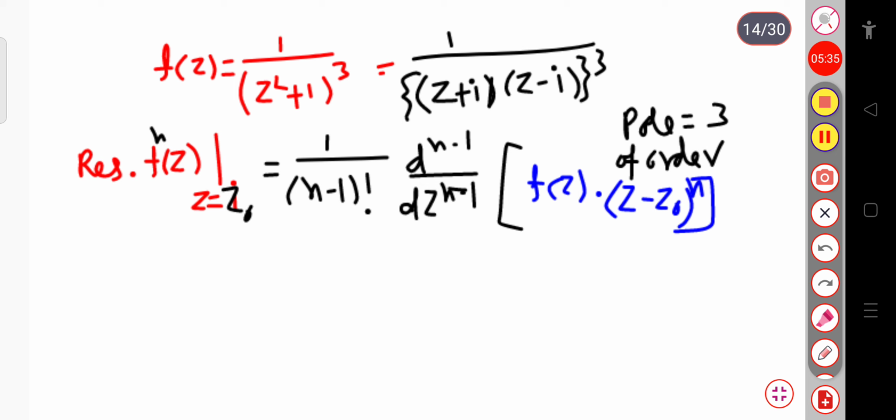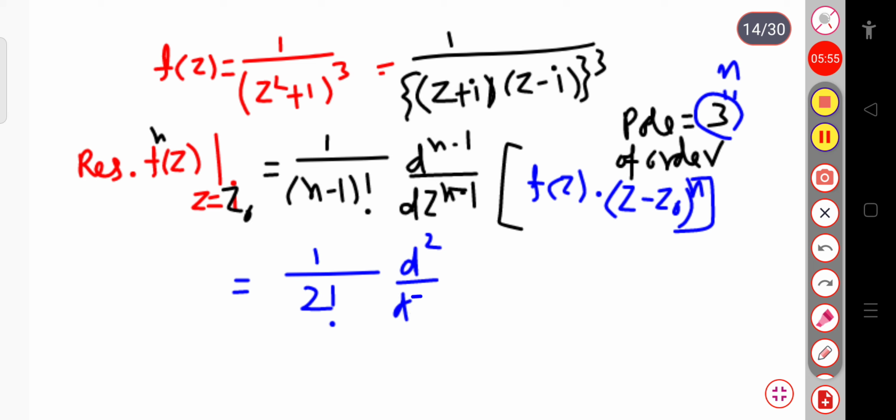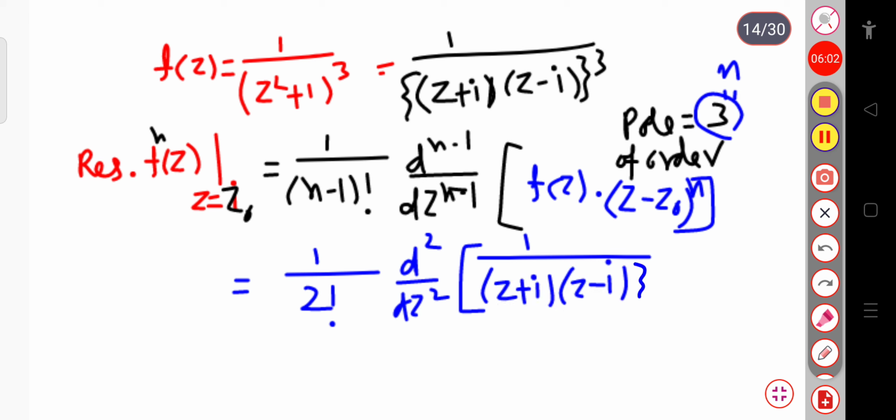Okay. So now if I solve this one, here the order is 3, that is n = 3, so 1/(n − 1)! will be 1/(3 − 1)!, which is 1/2! into d²/dz² of, in place of f(z), I will write 1/((z + i)(z − i))³ into (z − i)³, since the z₀ point is given z = i, and in place of n I will write 3.